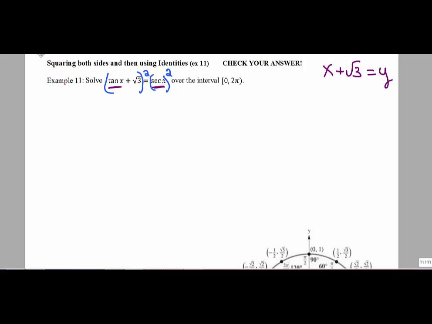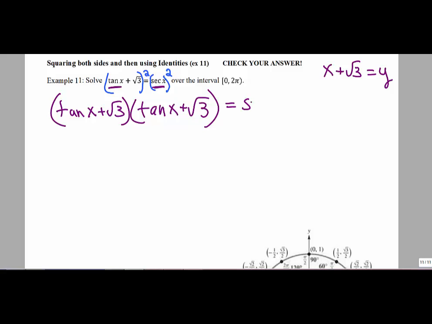Now be careful, when you square both sides, it's tangent x plus square root of 3 times itself. So tangent x plus the square root of 3. So be really careful when you square that 2-term side of the equation. Equals, now the other side, when we square secant x, we just get that 1 term, secant squared x. So over here we need to FOIL though.